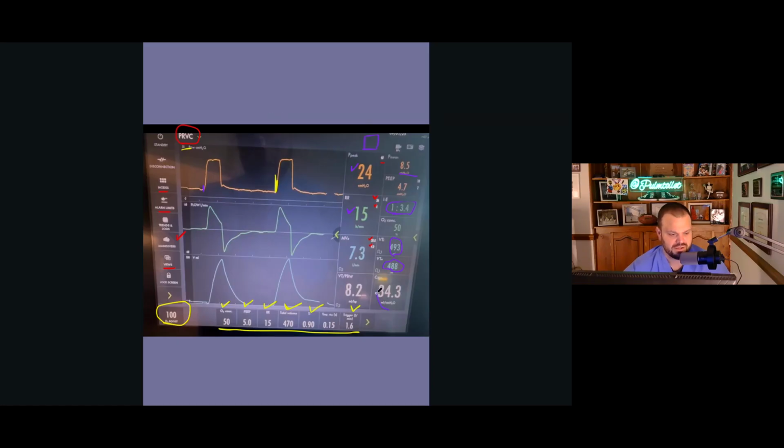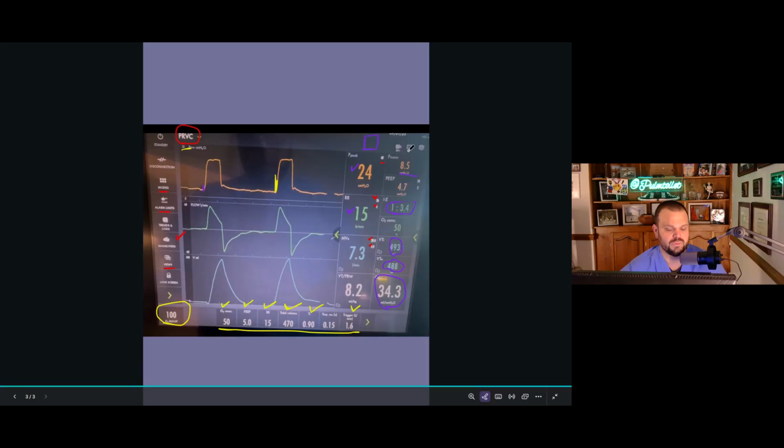And then lastly, this ventilator spits out your dynamic compliance, which is a little bit different than your static compliance. It can be important, but not necessarily something to talk about every day on rounds, although if you did include it, it would be a nice addition.